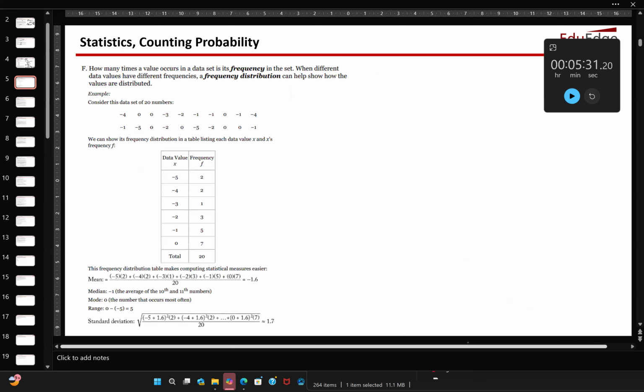Okay, frequency distribution. This is important. Suppose you have this data, you can collect this in the form of a frequency table, which means how many times a data value gets repeated, or the count. And if I were to ask what is the mean, mean is nothing but the data item multiplied by its frequency, divided by total frequency.